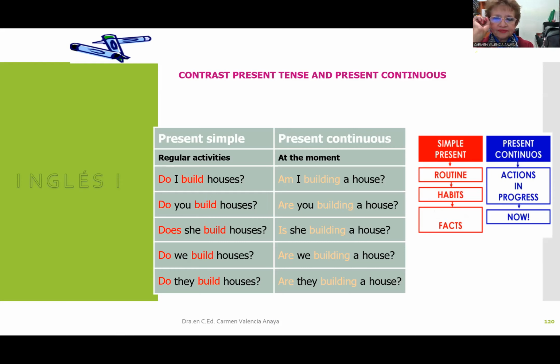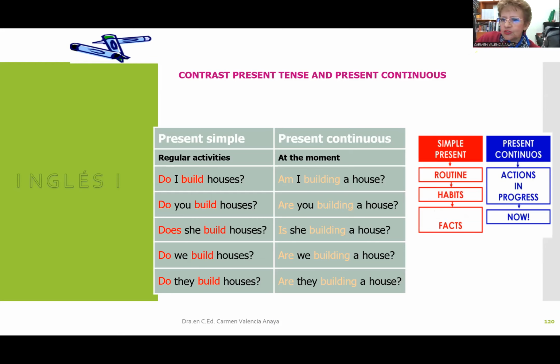If you remember, I don't remember, two or one classes ago, I talked about that if I'm going to ask a question, I'm going to use the auxiliary do and does. And later, the personal pronoun, the simple form of the verb, the complement, and don't forget to put the question mark. Okay, what about the present continuous?